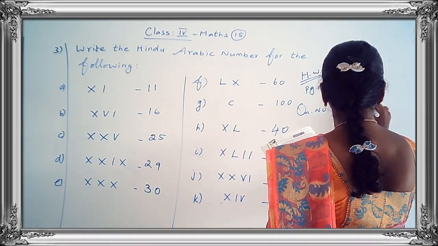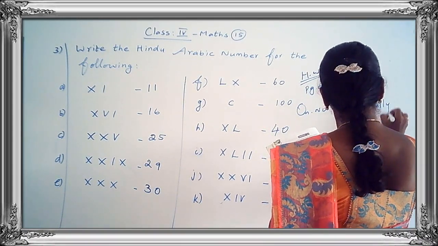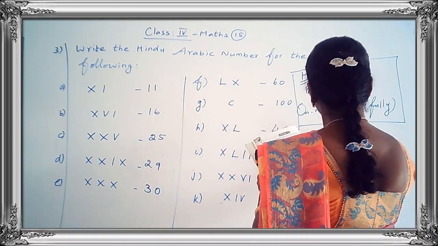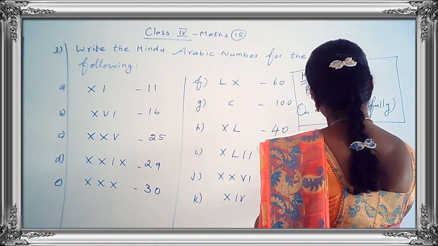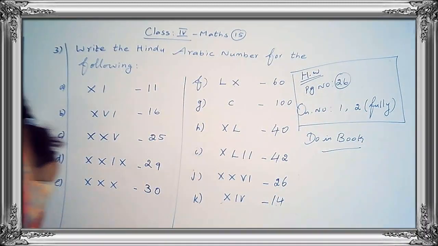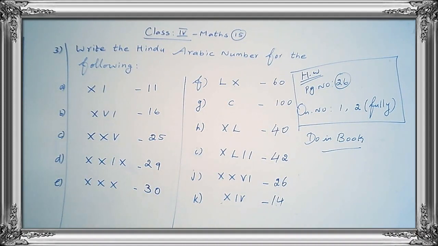Do it fully in the book. Okay children, all of you take your book, page number 26. Mark the homework sums. In exercise 2.1, question number 1 and question number 2.